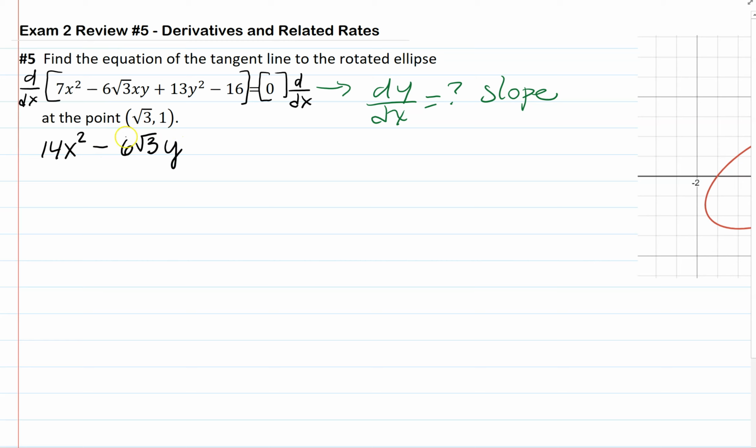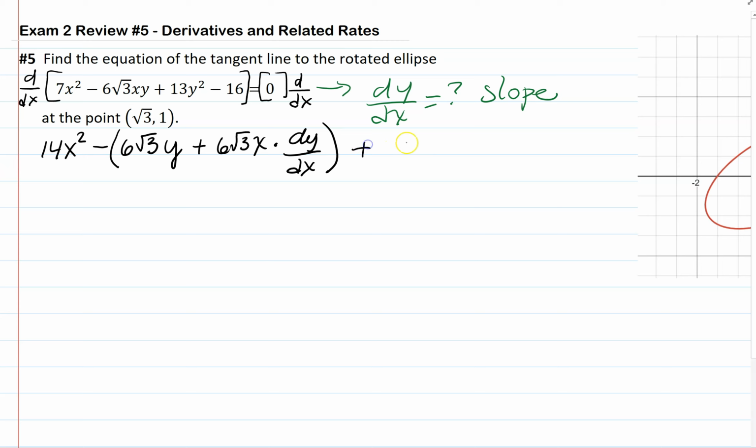The product rule applies here, plus 6 square root of 3 x multiplied by dy/dx, which is implicit differentiation. So product and implicit differentiation, just like how you have had product and chain rule before, it works the same way.